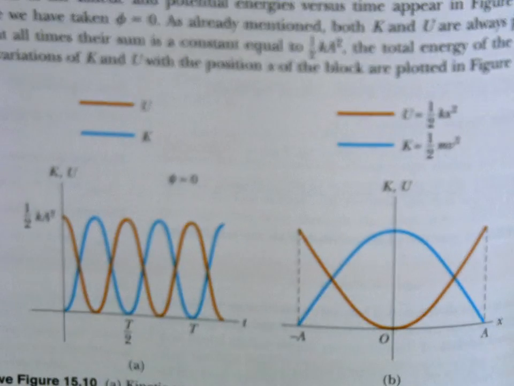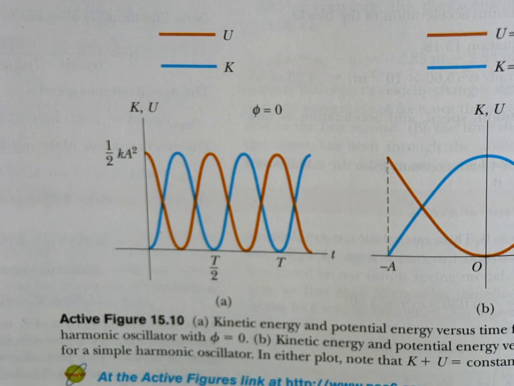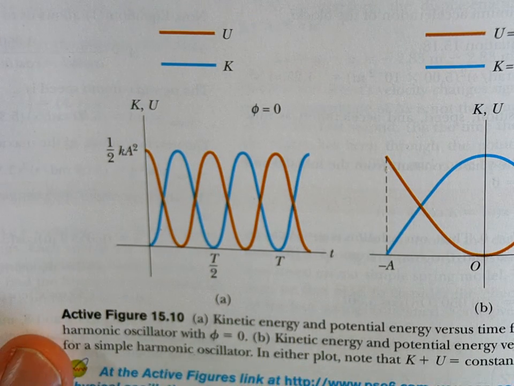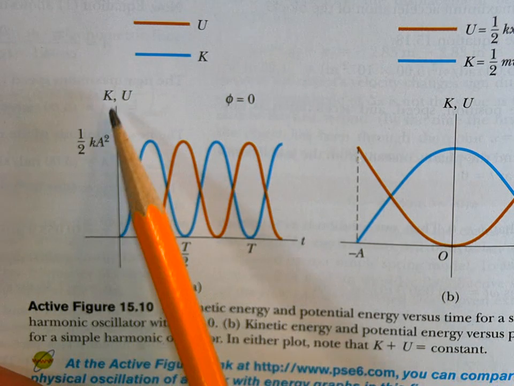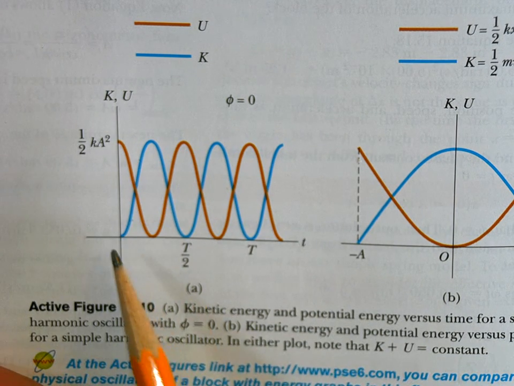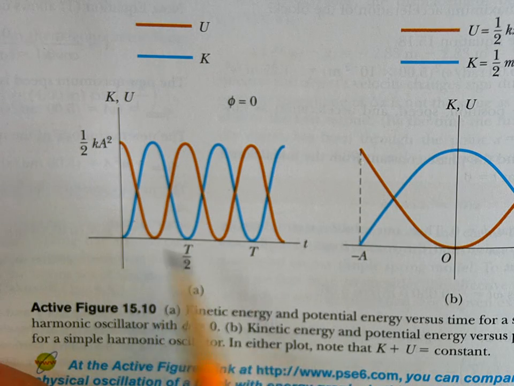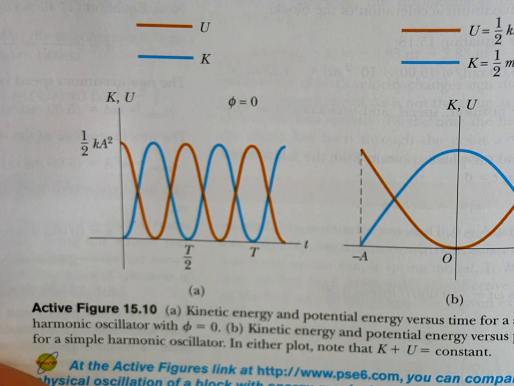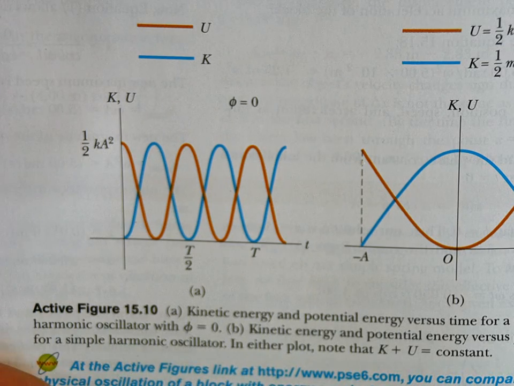I really want you to study this figure 15.10. Here's the energy, and now we have time here. Now these are going to be multiples of the period. This graph makes so much sense, but I want you to study it.